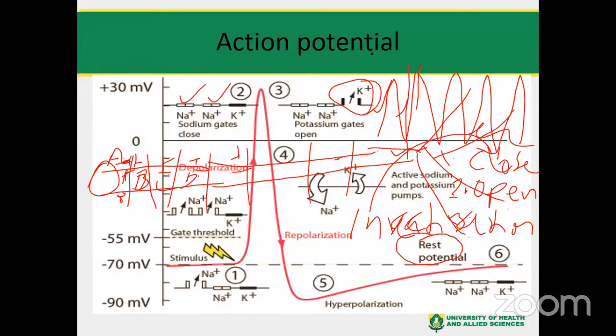Somebody asked, in the case of epilepsy, what happens? Epilepsy is due to uncontrolled action potential that is generated in the brain, especially in the area where we have the primary motor cortex.